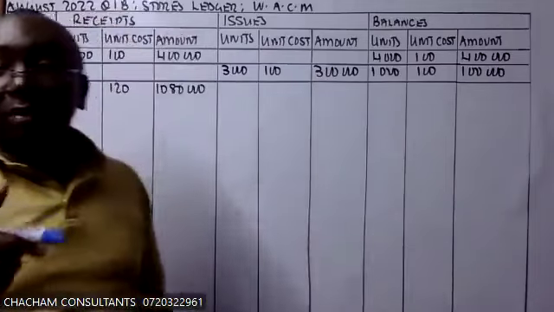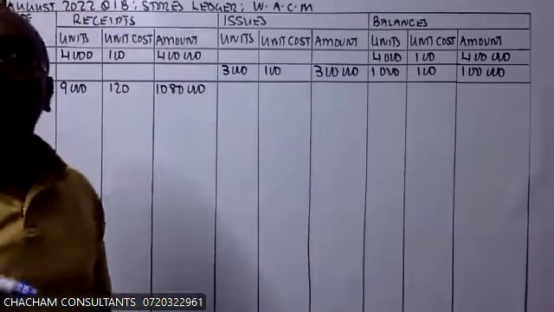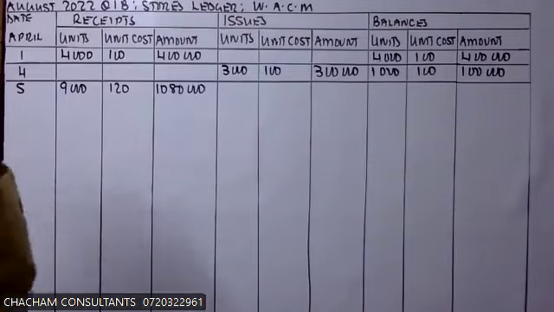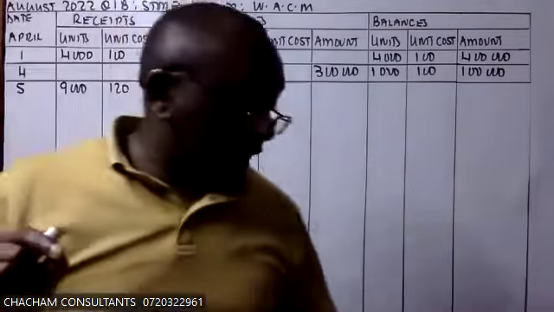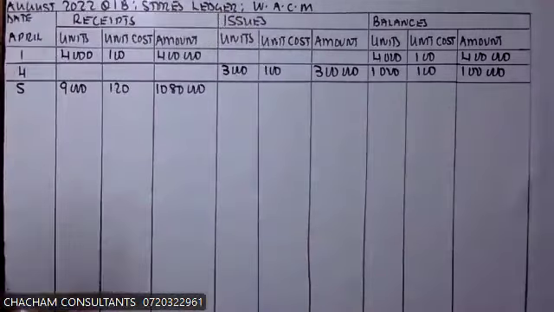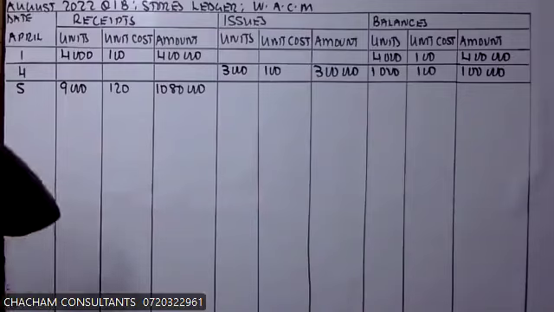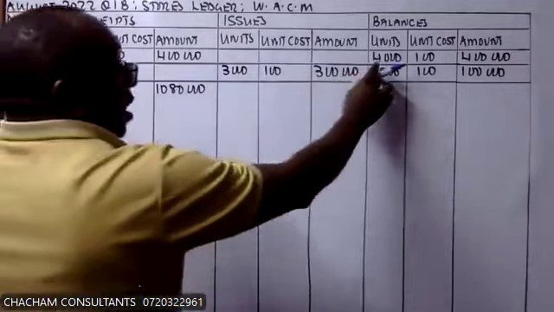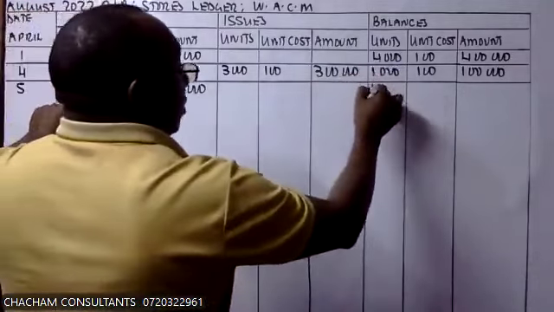Now, anytime you are working with the weighted average, when you buy units, you must work with an average. So the average goes like this. You take these 9,000 plus those that were here, so you write 10,000.